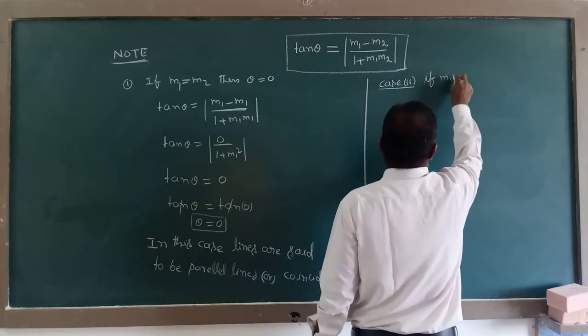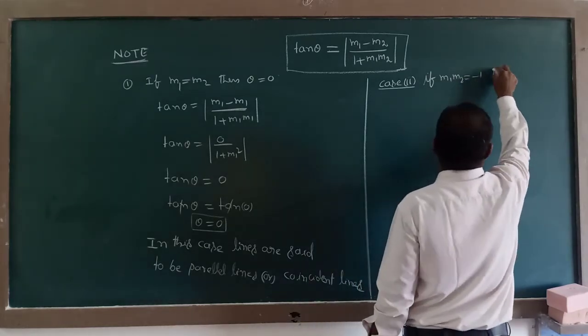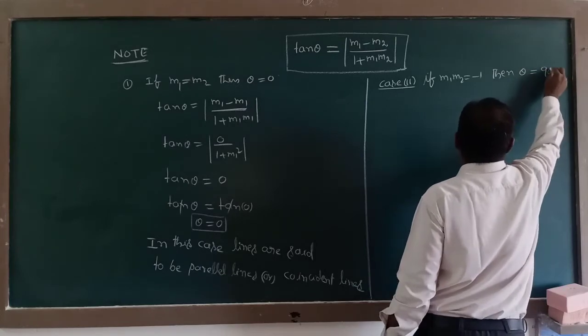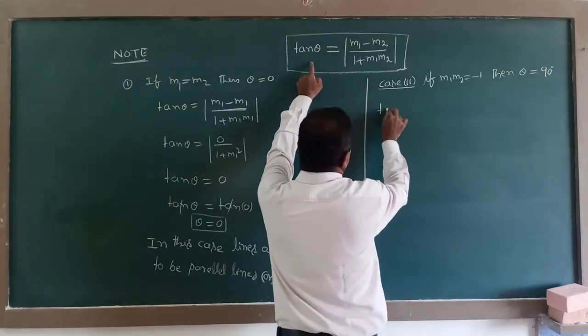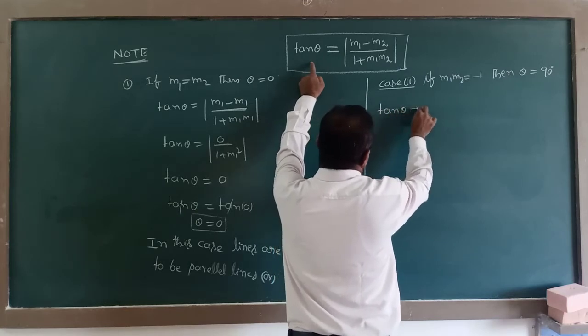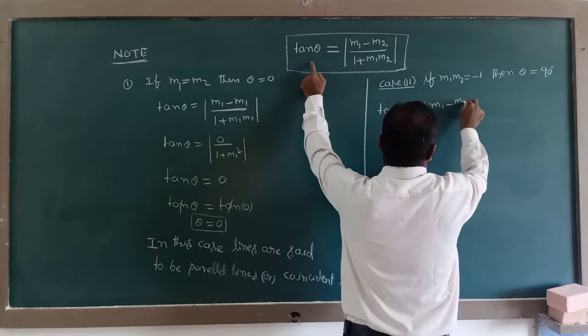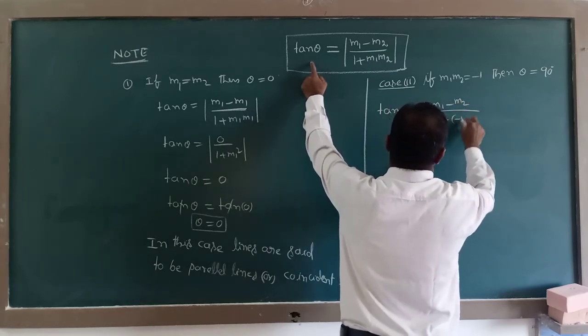If m1 into m2 is equal to minus 1, then definitely theta is equal to 90 degrees. In this case only, tan theta is equal to modulus of (m1 minus m2) whole divided by (1 plus minus 1).